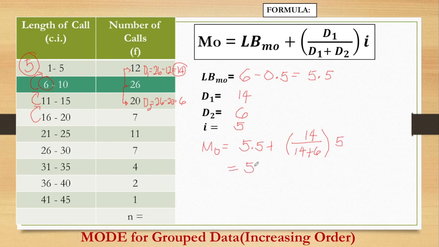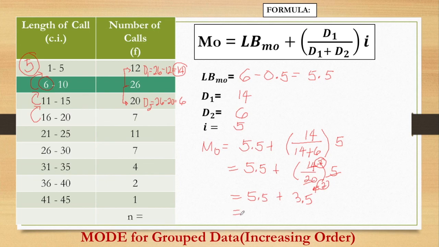So it equals 5.5 plus 14 divided by 20 times 5. 20 and 5 are divisible by 5, so this will be 4, and 14 divided by 4, both divisible by 2, so this is 7 over 2, which is equal to 3.5.